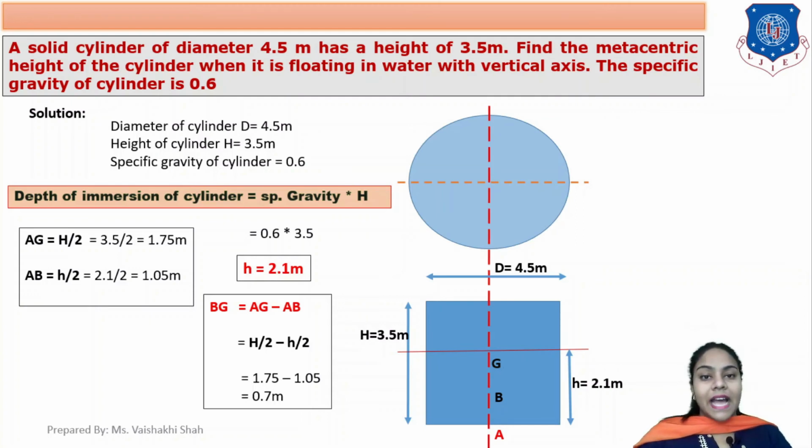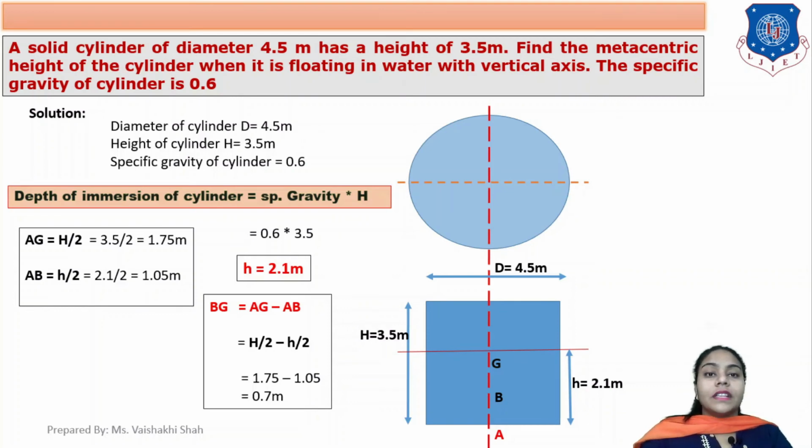So here in the diagram we draw two diagrams. First is for plan and second is for elevation. The top view, the plan, is a circle, and at the bottom is a rectangle.